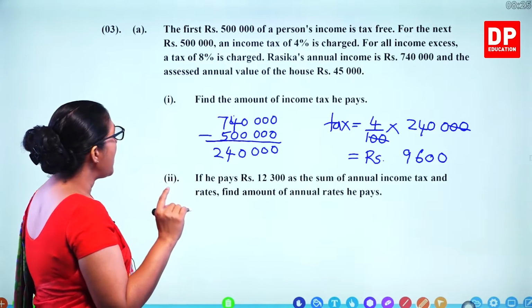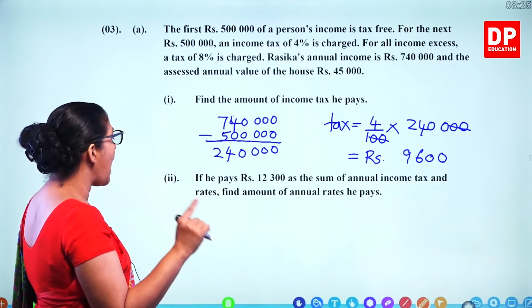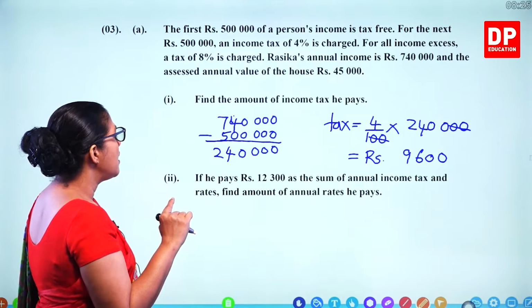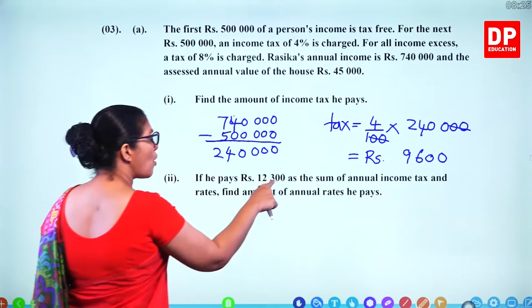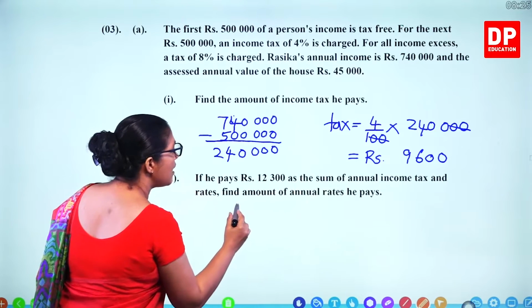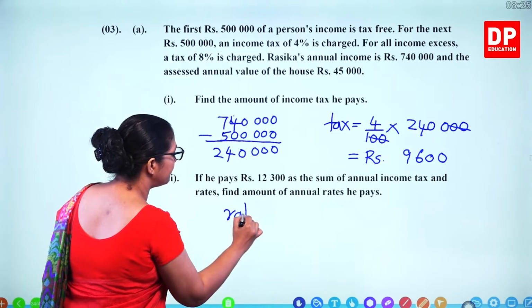Then if he pays 12,300 as the sum of annual income tax and rates, find amount of annual rates he pays. The total is 12,300 and what is the rates?